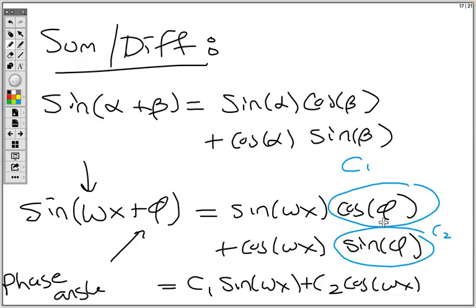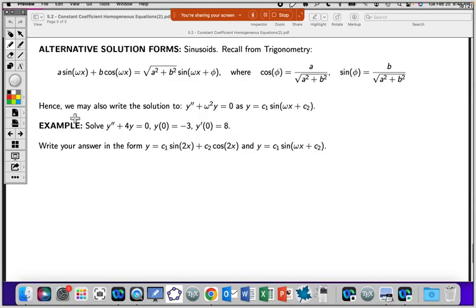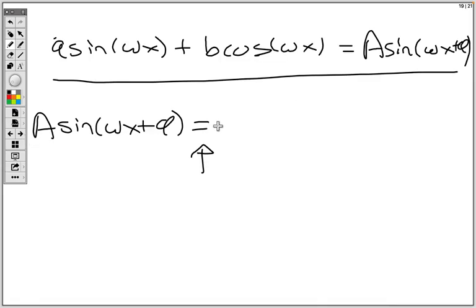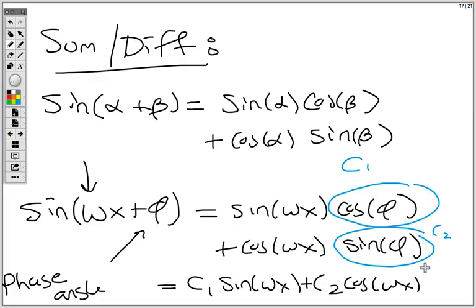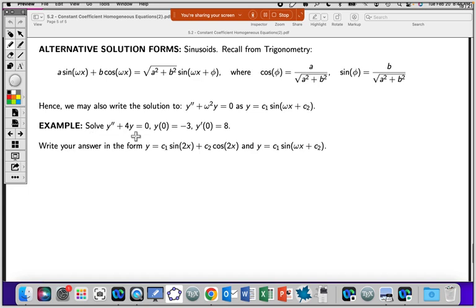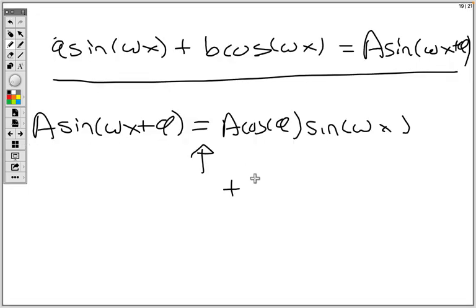So you notice that cosine of phi is what's multiplying the sine omega x. So I would have A cosine phi sine omega x plus the sine phi is what's multiplying that cosine omega x, A sine phi cosine omega x.